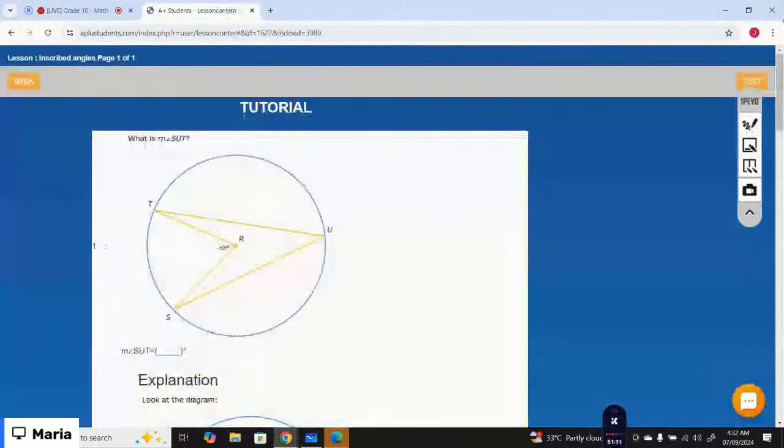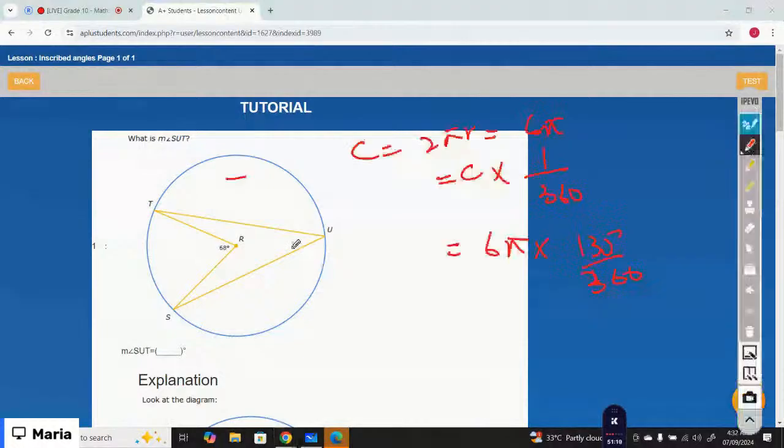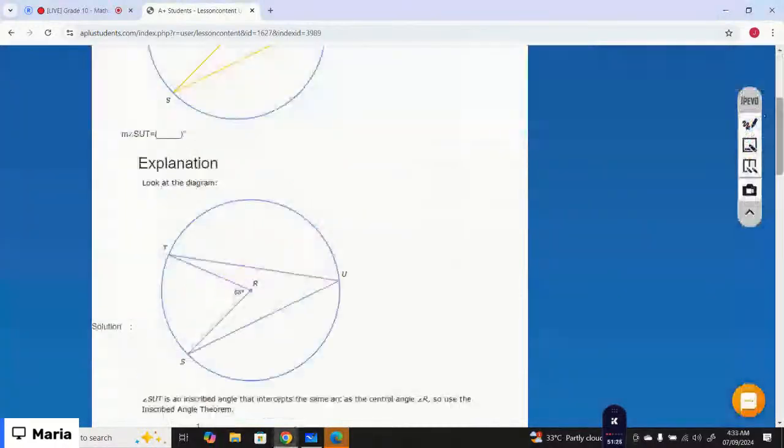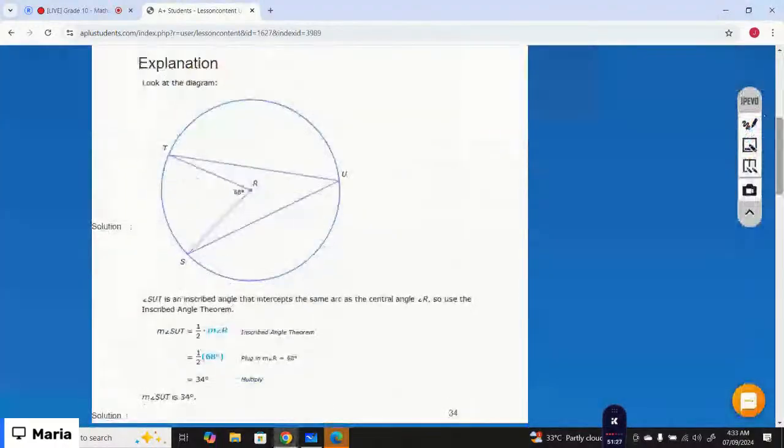Okay, what is the measurement of angle SUT? Here is SU. You need to find the measurement of this angle, right? This is basically SUT. So angle SUT is an inscribed angle, it intercepts the same arc as the central angle. Use the inscribed angle theorem.